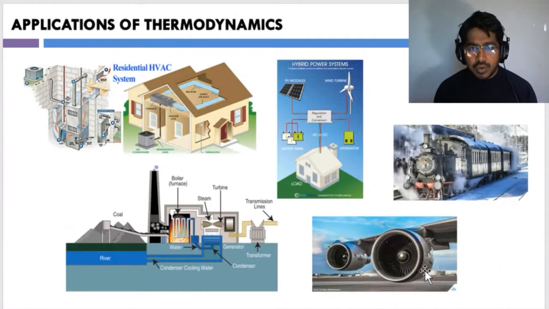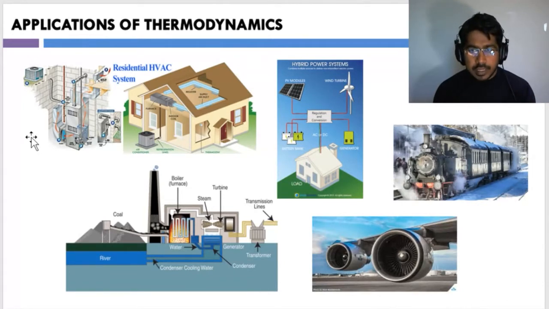And thermodynamics is not only about heat engines, it can be used for multiple purposes. If you take the left topmost figure, this shows a residential HVAC system. Residential HVAC systems means heating, ventilation, and air conditioning systems, right? So I'm pretty sure all of you use these facilities. If we have a hot water tank, you can use thermodynamics to analyze how this hot water tank performs.